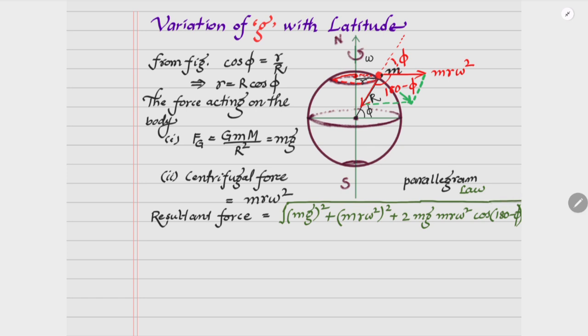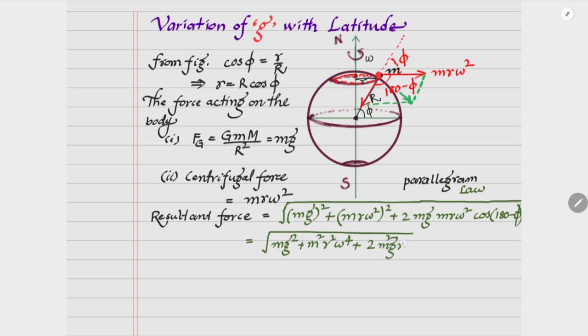Now that is given by m square g square under root, m square g square plus m square r square omega power 4 plus 2 m square g r omega square into minus cos phi.